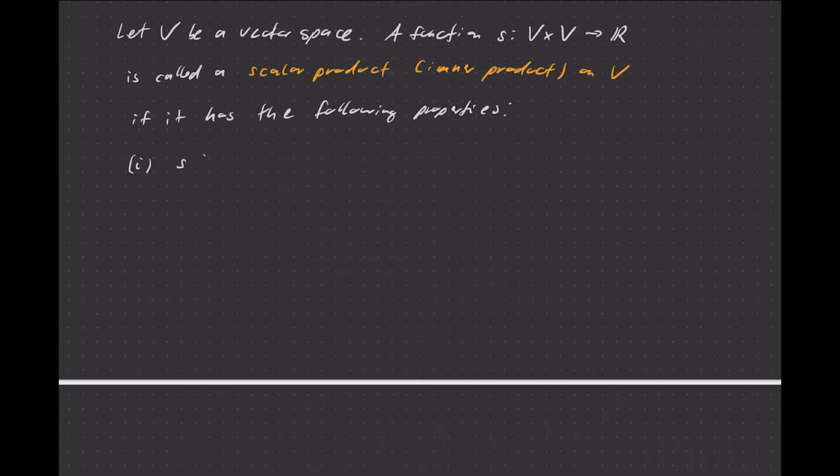So S of x and x is greater or equal to 0 for all x in V. And in addition, we want that specific scalar product to be equal to 0 if and only if x is the 0 vector.